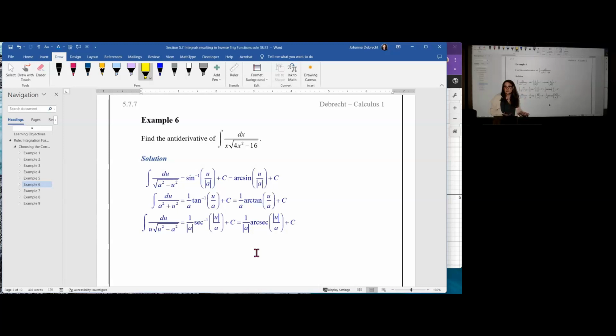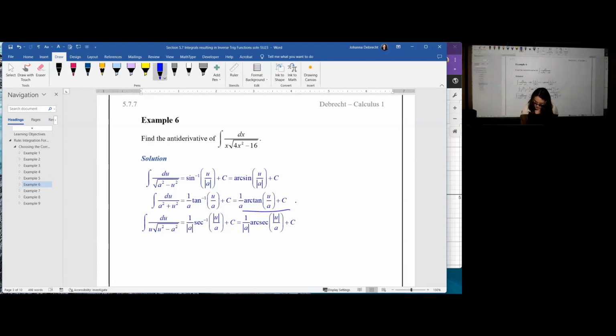So I think inverse trig maybe. Then I notice that I have subtraction, which means arcsine or arcsecant. I look to see whether the constant term comes first or the variable term. In this case, the variable term 4x squared comes first. That must be arcsecant. That directs me to the third formula that you see.